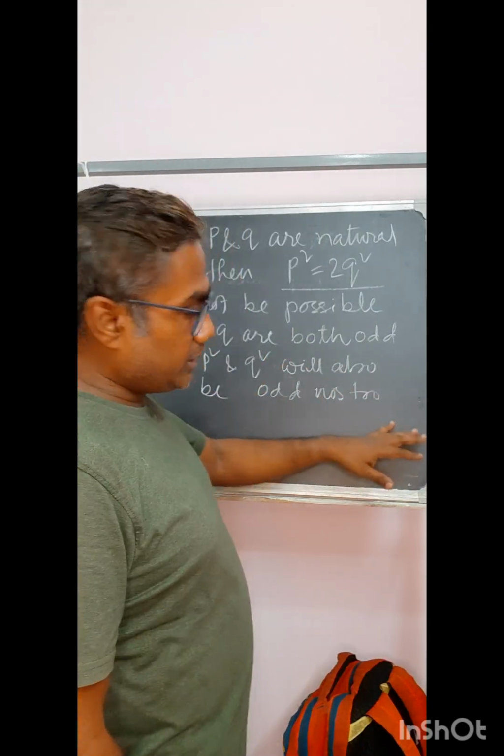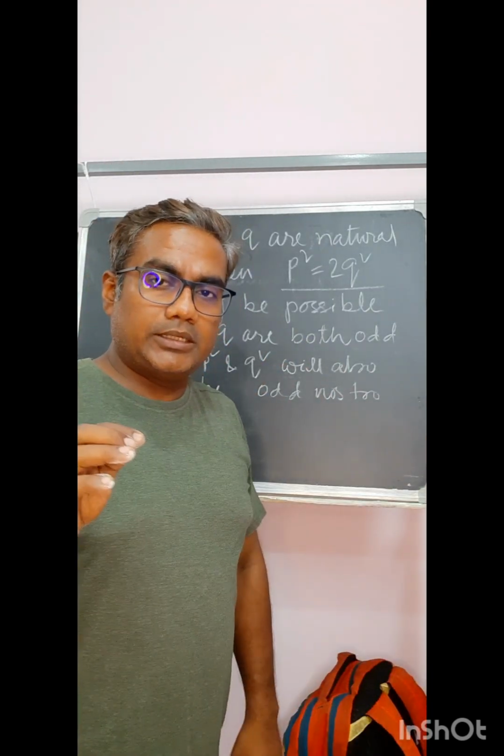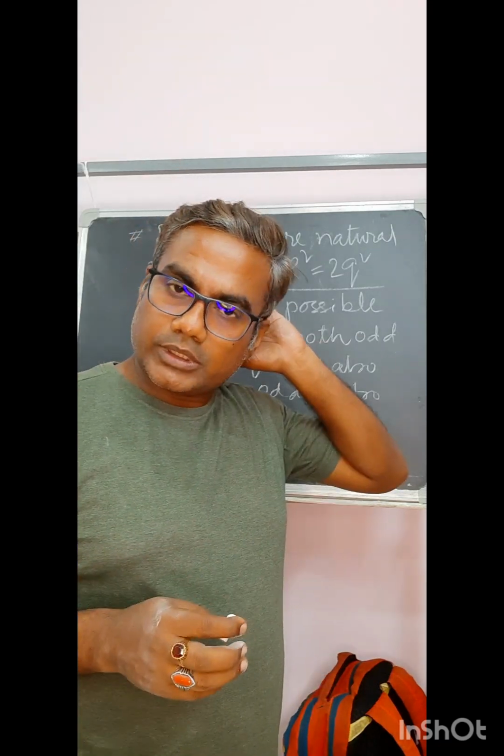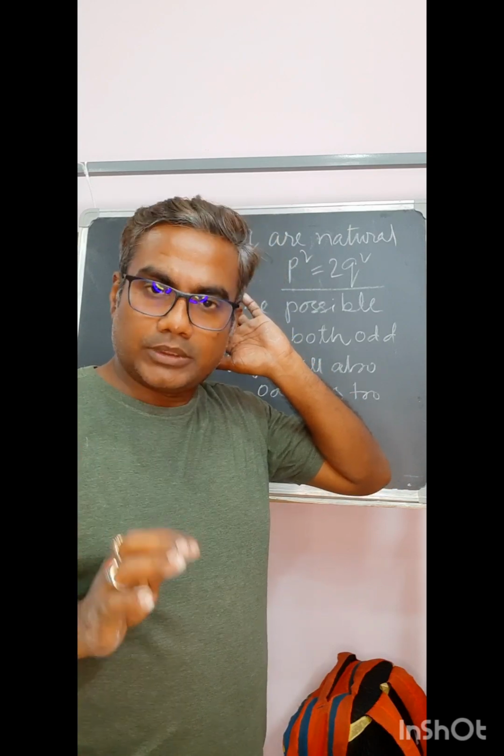If I square any odd number, the result will give an odd number, and any even number squared gives an even number.